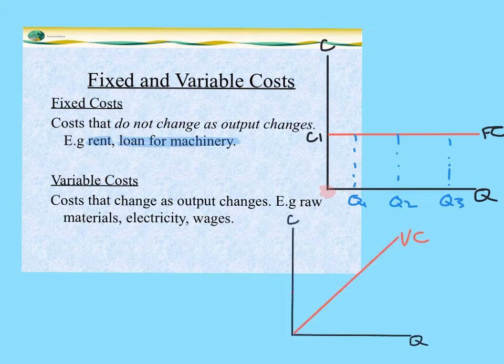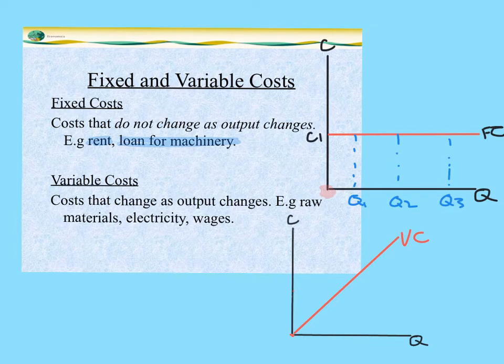The second type of cost we have to look at is variable costs, and they're costs that change as total output changes. For example, raw materials, electricity or wages. If we look here again at this point, we have 0 quantity produced, which means we have 0 variable costs, because we wouldn't have the need for raw materials, we wouldn't be using electricity, we would have no wages.